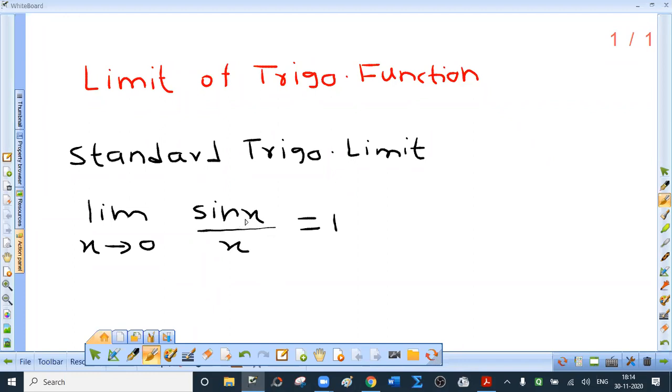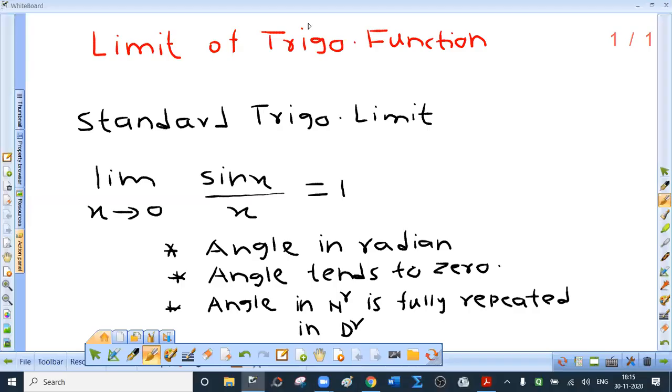So the main criterion: angle must be in radian, then angle should tend to 0, and last part, angle in the numerator is fully repeated in the denominator.